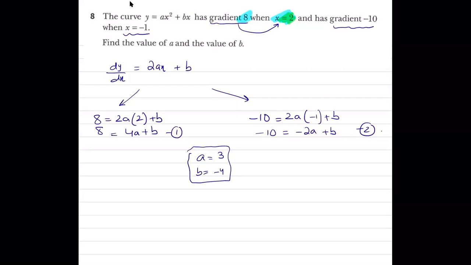I'm getting a as 3 and b as minus 4. Let me know what you get. Yes, sir.